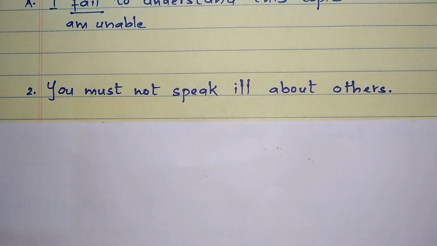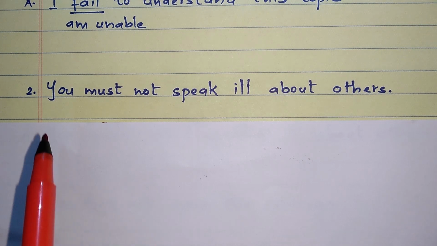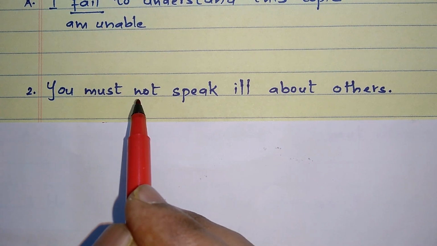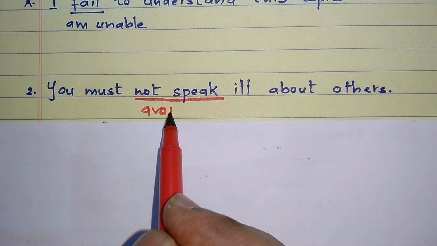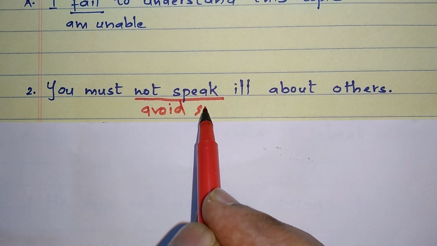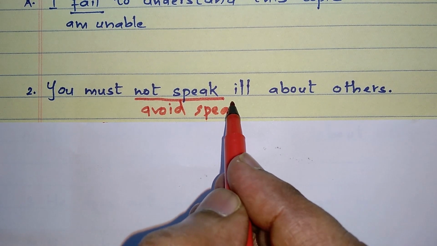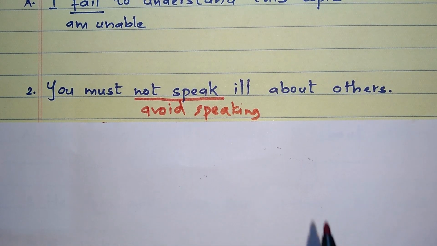You must not speak ill about others. Here, the appropriate word would be avoid or refrain. So suppose if we use avoid, then we will say you must avoid speaking ill about others.